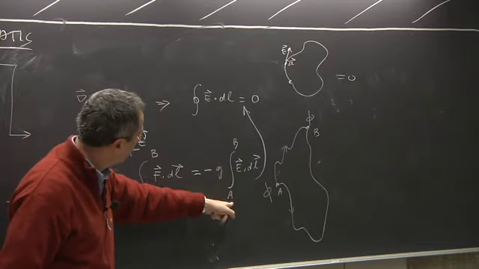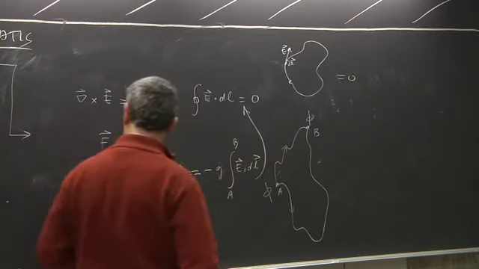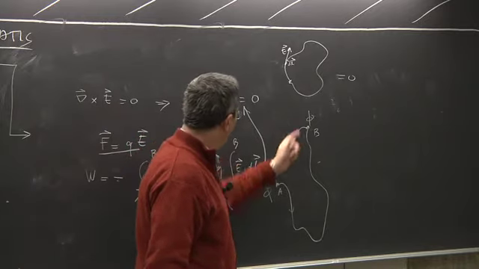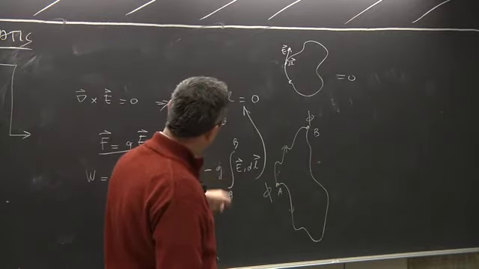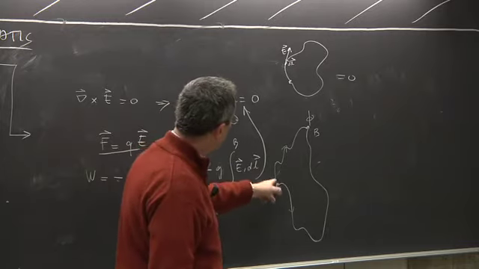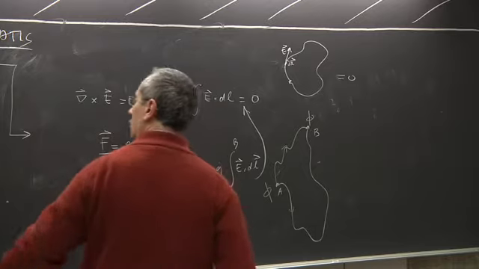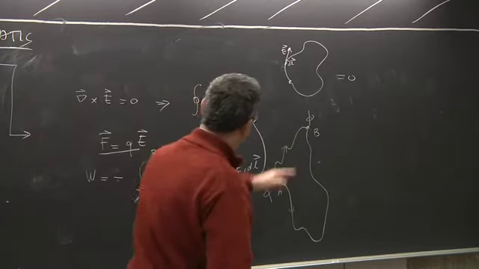Because now I have to do this integral from A to B. This is the work done in moving my charge Q from A to B. And so you may wonder, this depends on which way I go from A to B. But no, because E is a curl-free field, it does not depend.